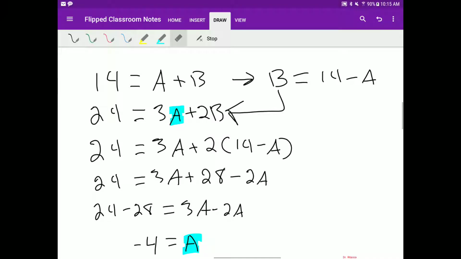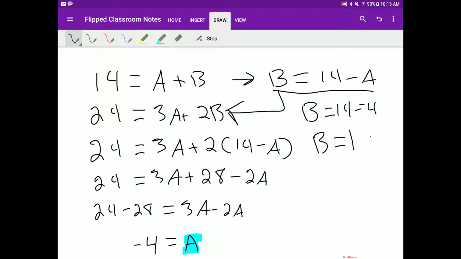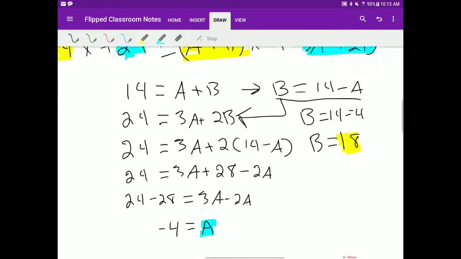We want to take this guy here to determine what b is. So b is 14 minus a negative 4, so b is 18. Okay, now we have b and a. So we can zoom back out.